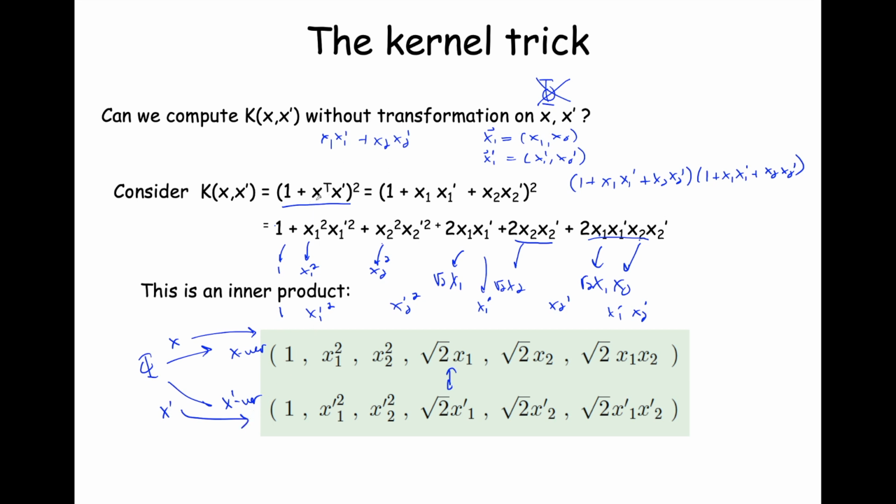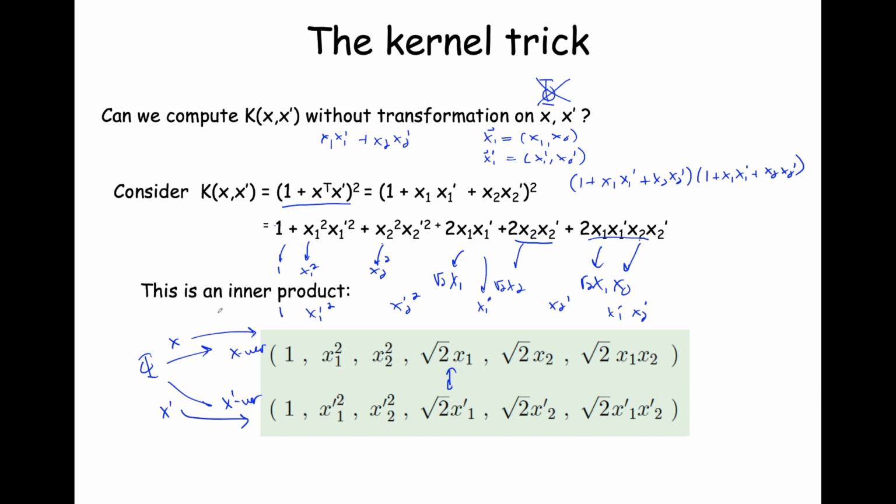So this kernel function returns the same value as if we used this phi function and then did the inner product in z-space. The interesting part is that we evaluate this kernel in x space. We never compute the phi function, but it returns the same value as if we had calculated phi and mapped to z-space. This is the so-called kernel trick. You can compute the inner product in this particular z-space without ever having to transform into that z-space. This is called the kernel function, and this is called the kernel trick.